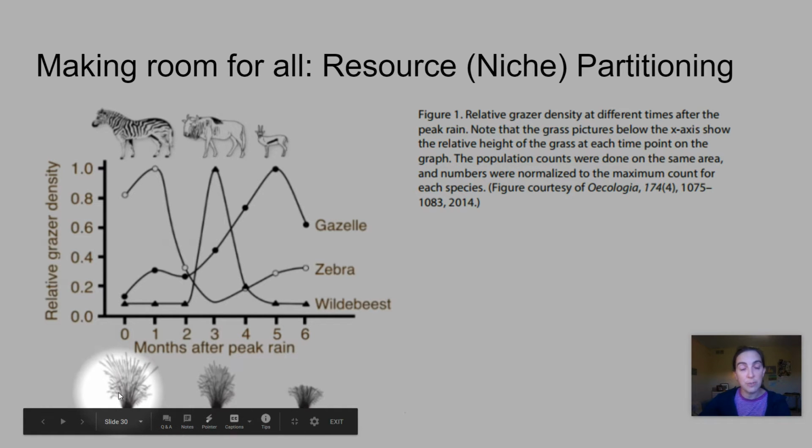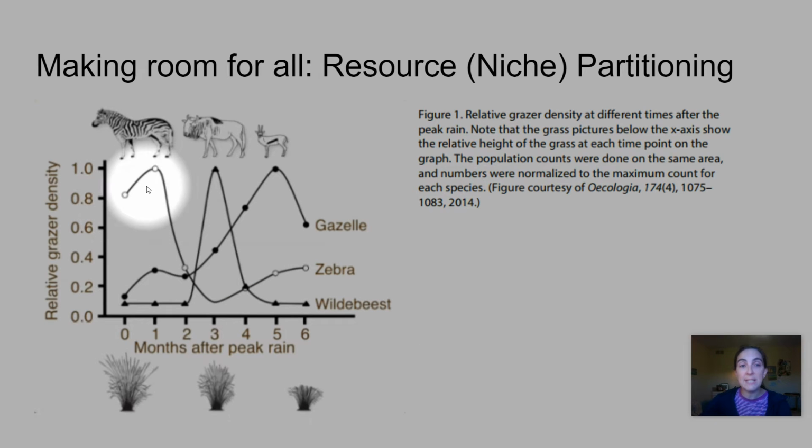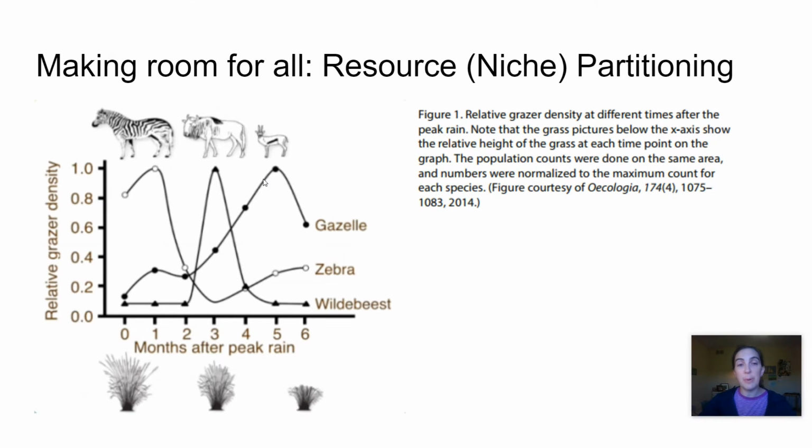So right after the peak rain, it's very tall and lush, and it gets shorter and shorter as it goes. You'll also notice we have three different species here, and their peak density occurs at different times. These three species, the zebra, the wildebeest, and the gazelle, have kind of separated, they have partitioned these resources, in this case in terms of time.